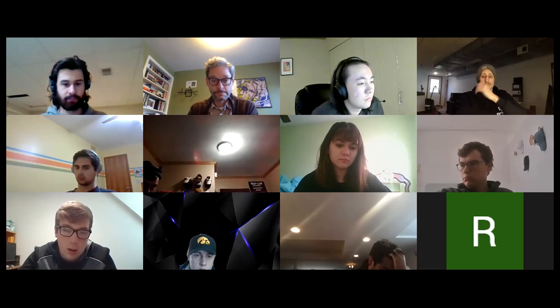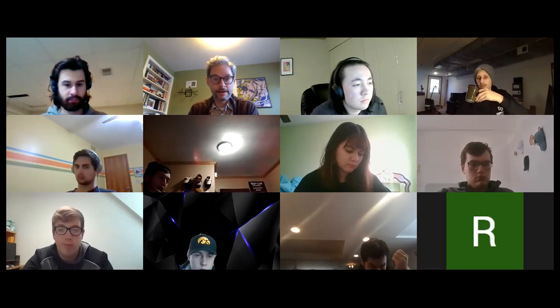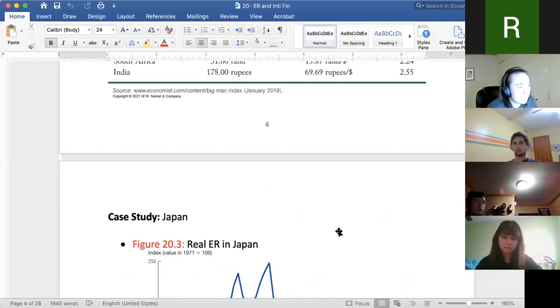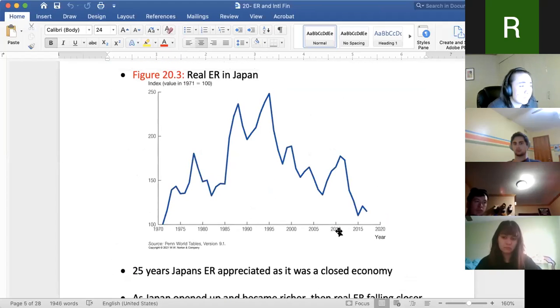So, sometimes you see quite big deviations from purchasing power parity if you look for them, even between the US and Japan. We think about Japan as a country that has a lot of trade with the US, and it does. But here's looking at the real exchange rate in Japan.